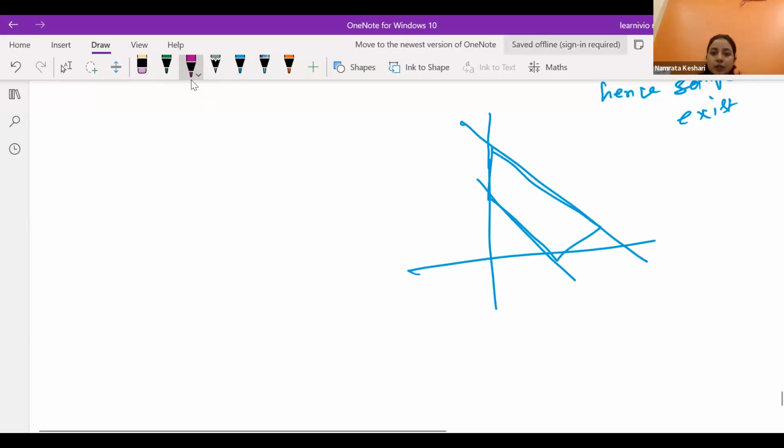After taking both the inequalities and plotting them, we were getting this type of bounded region, right, Annapurna? Yes. Okay, this is called bounded region.